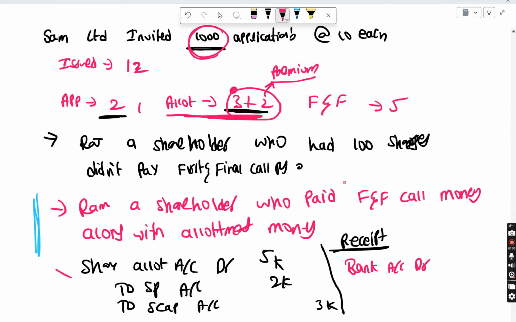Bank account debit to share allotment account with 5000 with 2000. Let me think.